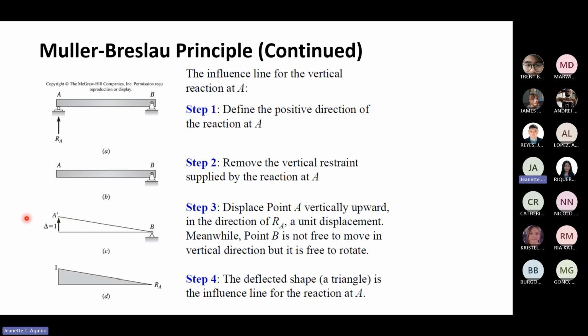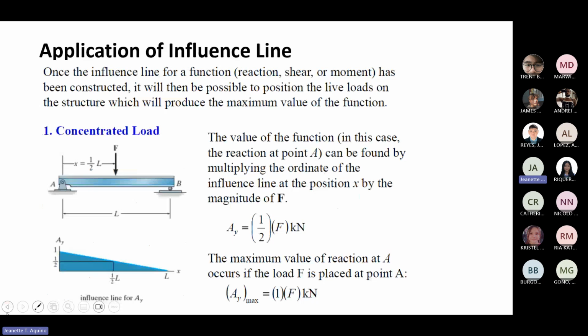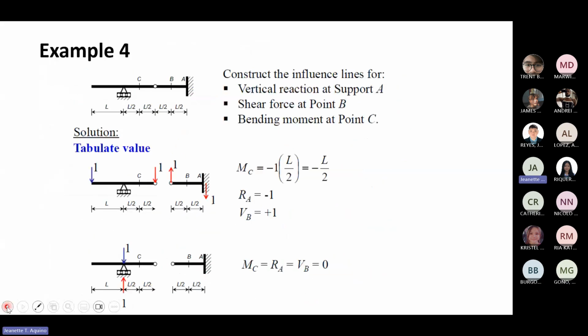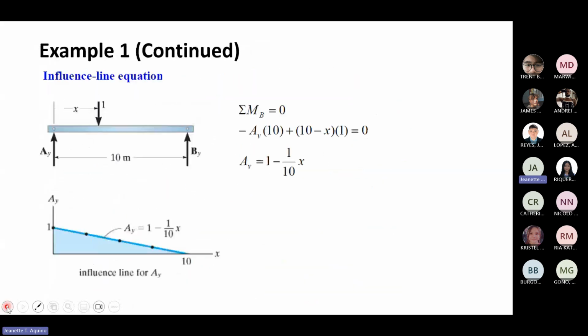So if you remember earlier, for the simply supported beam, when we constructed the influence line, we tabulated it. The deflected shape is a triangle, which is the influence line for the reaction. Let me go back and show you the earlier one that we tabulated.